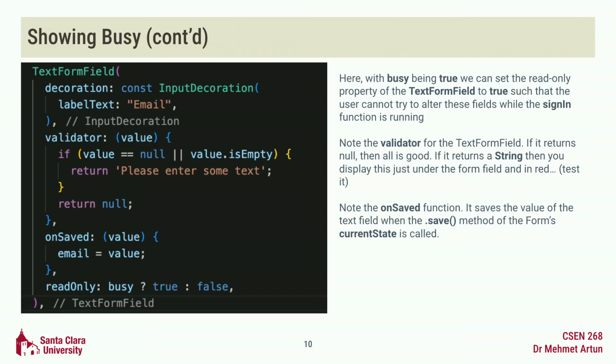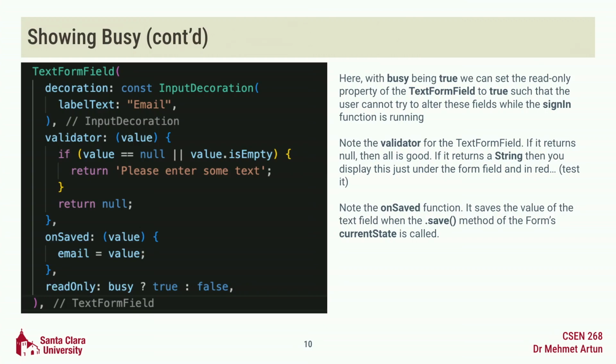So let's look at the structure of a text form field. This is your email form field. What parts does it have? It has a decoration called input decoration, and at this stage we're only setting the label text, email. It has a validator.